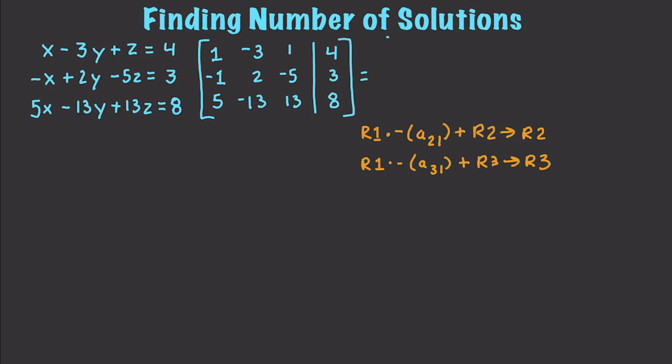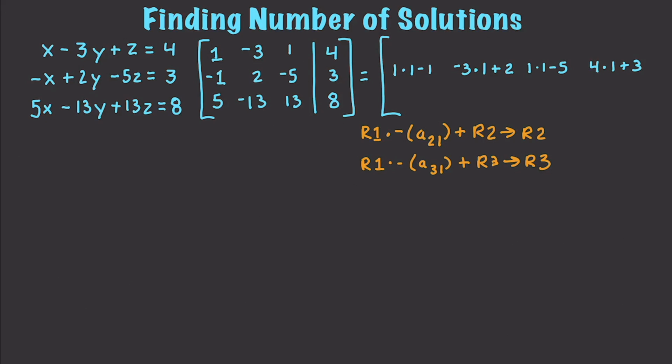So let's go and do it. This is going to be the second row. This is going to be 1 times 1 minus 1. And the next column is going to be -3 times 1 plus 2. Then we're going to have 1 times 1 minus 5. And then finally we'll have 4 times 1 plus 3.